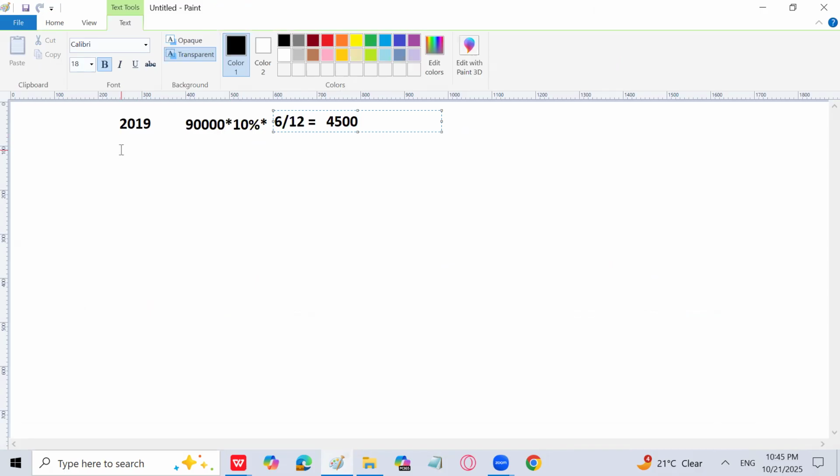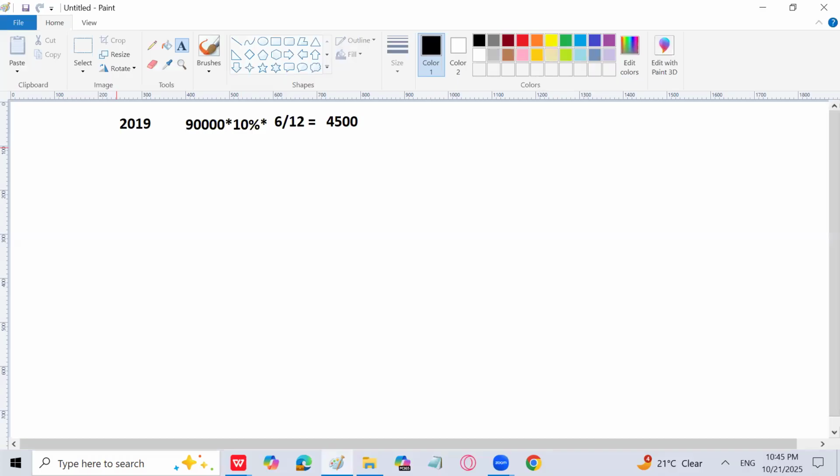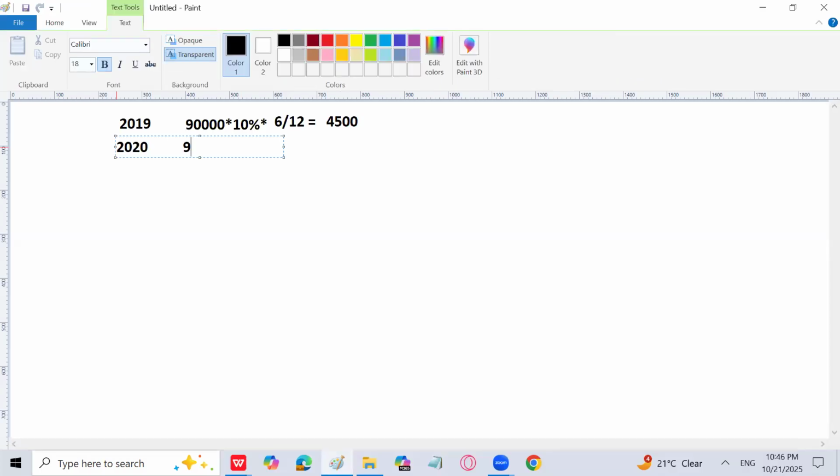Then again, it is going to be depreciated, because the examiner has asked us to find accumulated depreciation, total depreciation from the date of purchase till 2022. So 90,000 × 10% is 9,000. Then in 2021 it is again 90,000 × 10%, which is 9,000.